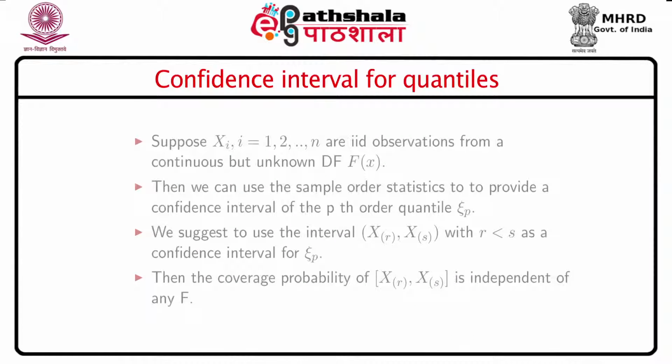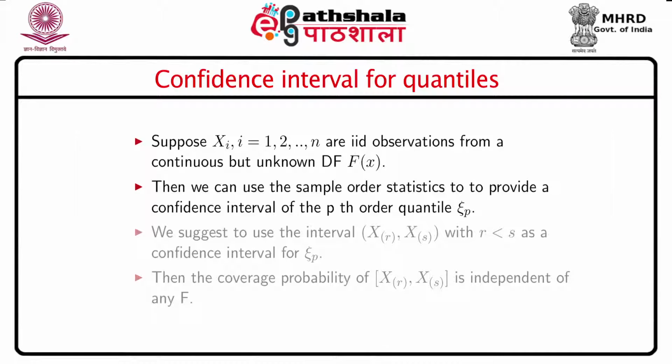Now, we shall give a general procedure to obtain a distribution-free confidence interval for the population quantile when observations are taken from a continuous population. Suppose Xi, i from 1 to n, are n IID observations from a continuous but unknown distribution function F(x). Then we can use the sample order statistics to provide a confidence interval for the p-th order quantile xi_p.